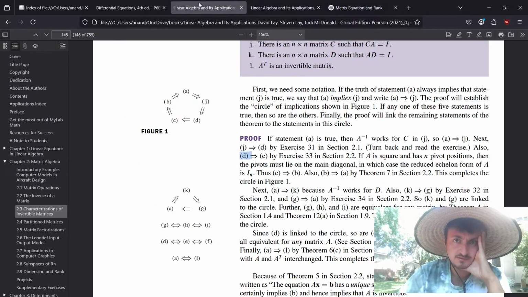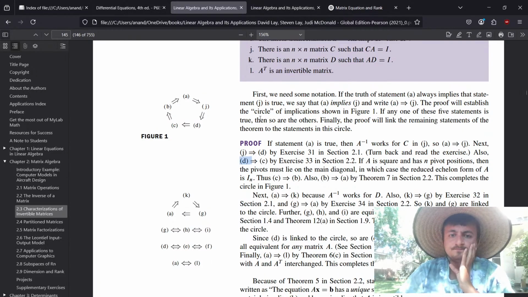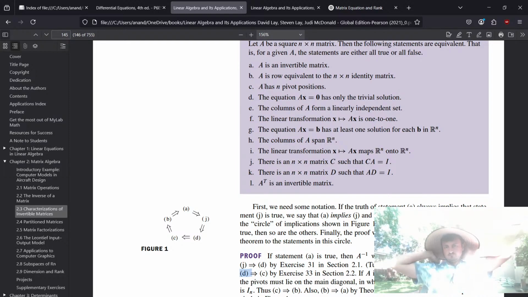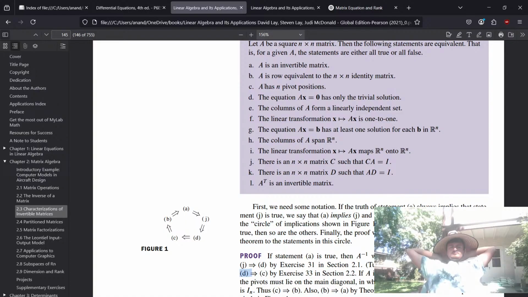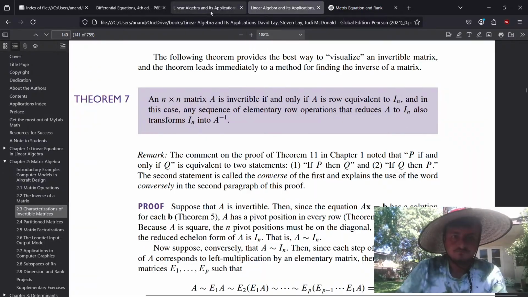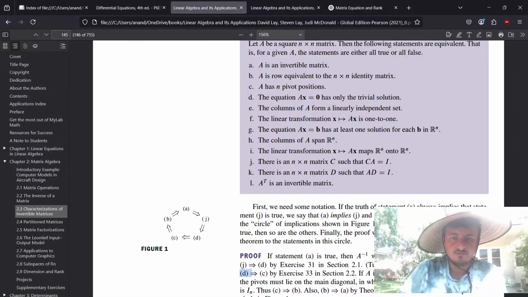So which one are we doing now? We're trying to say D implies C, which is trivial solution implies pivot. All right, let's just do the review.